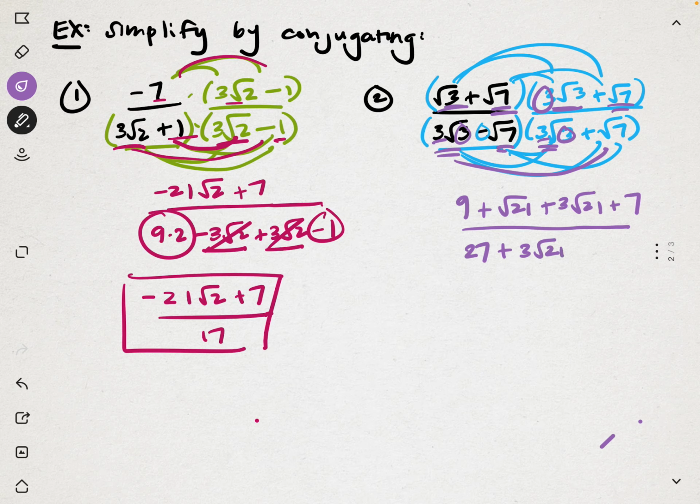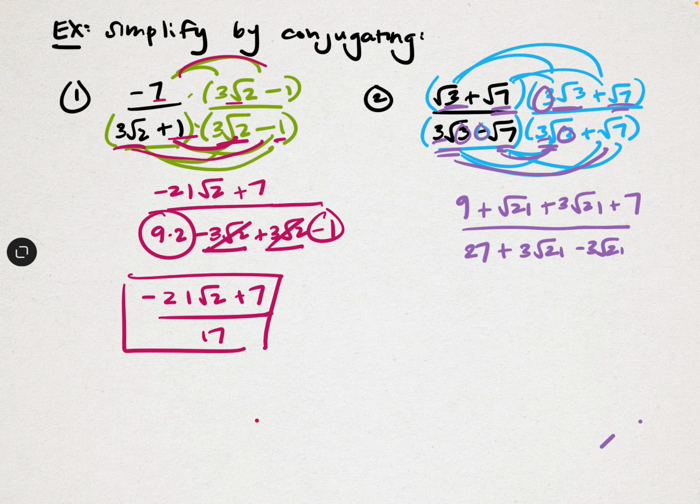Then we move on to our square root 7. Don't forget your sign here. Negative 7 times 3 square root 3 is negative 3 square root 21, right? Just like we said, we want the middles to cancel out to make 0. And then the last one, square root 7 times square root 7 is square root 49, or 7. Oops, and that should be a negative, sorry.